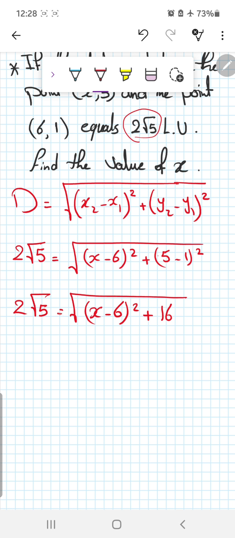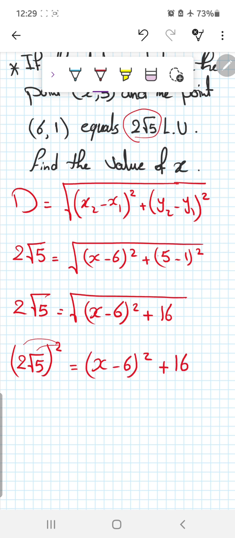We want to remove the square root, so take the power 2 of both sides. So (2 root 5) squared, because the power 2 distributes to 2 and root 5, equals the square root squared, the square root cancels the power 2, so (x minus 6) squared plus 16.